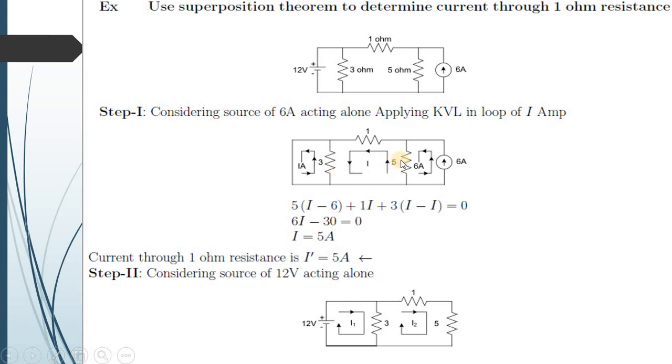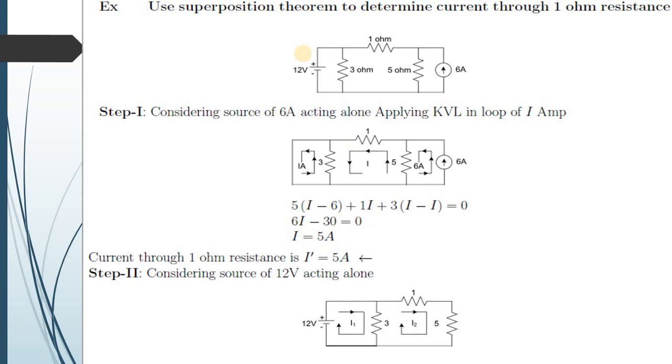So it is 5I, then 1I, and then 3I. So in that case, here 5 I1 minus 6, this is the direct current which can flow through that 5 ohm resistance, plus 1 I. So see here, if any resistance is parallel with a short circuit, then the current flowing through that resistance is 0.